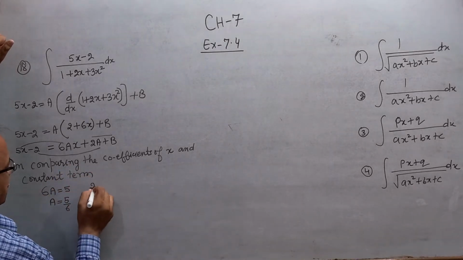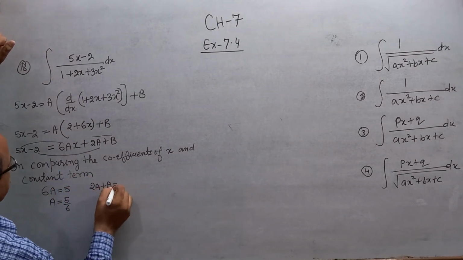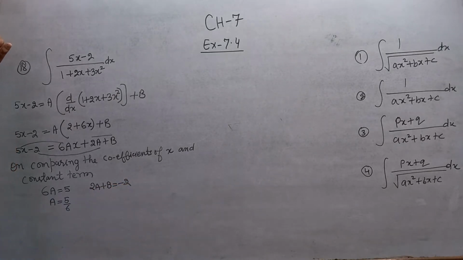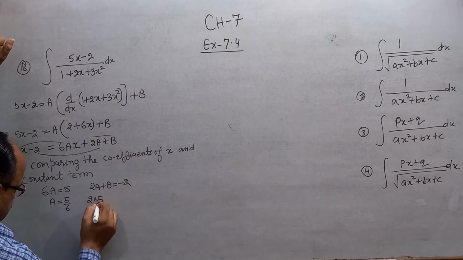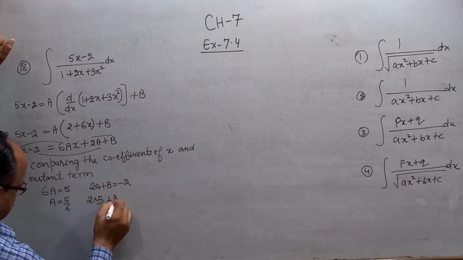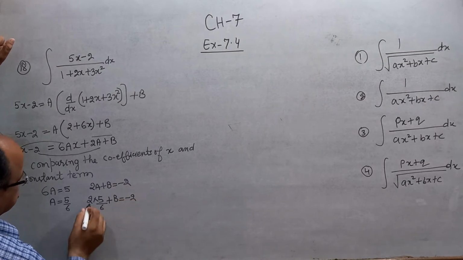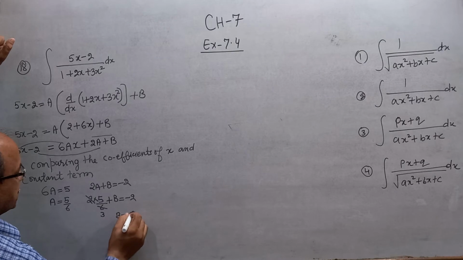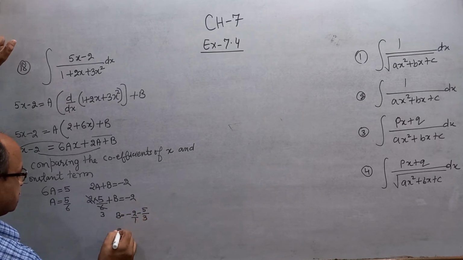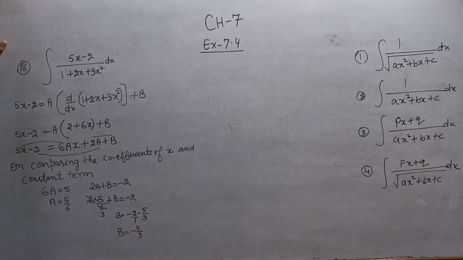Here 2a plus b is equal to minus 2, and put the value of a here: 2 into 5 by 6 plus b. Therefore b is equal to minus 2 minus 5 by 3, LCM 3, that is minus 11 by 3. Clear? This is the value of a and b.